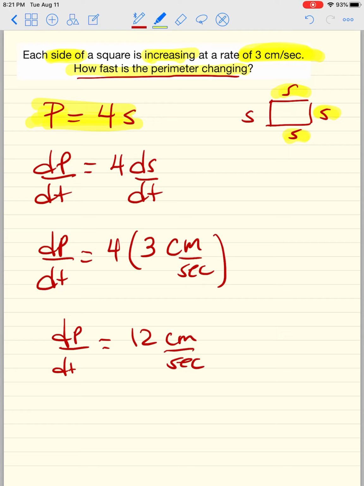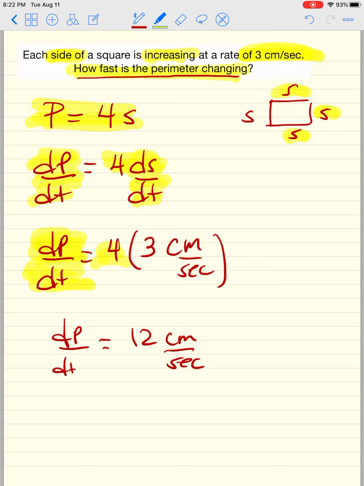The derivative of P is just 1, but because it's a letter other than t, you've got to do dP/dt. The derivative of 4s is just 4, but because it's a letter other than t, we have to do ds/dt. So that's 4 ds/dt. And now all we've got to do is plug in. They're asking how fast is the perimeter changing, so they're looking for dP/dt.